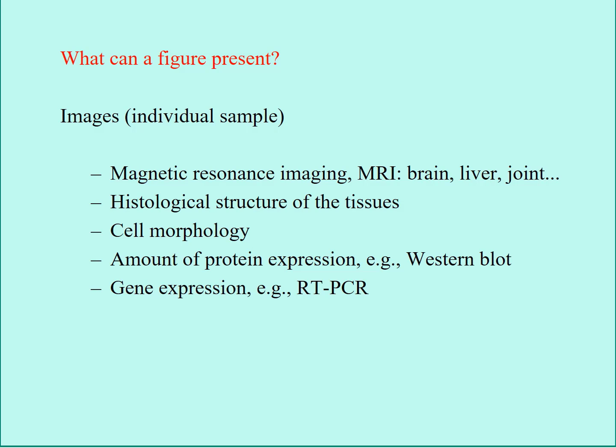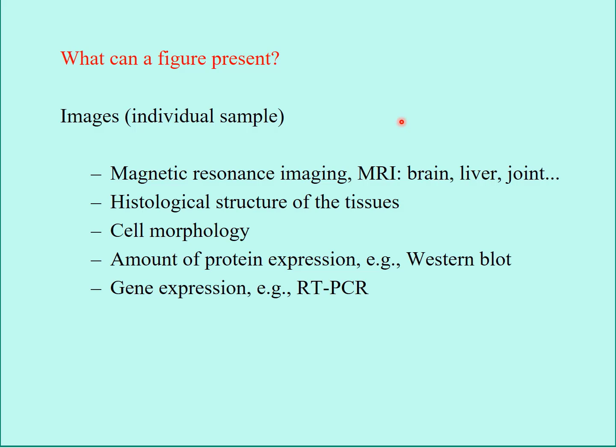So what can a figure contain? When you generate a figure, the first type of data will be images. For example, you have a treatment group and a control group. You select representative individual photos, then put them into a figure.